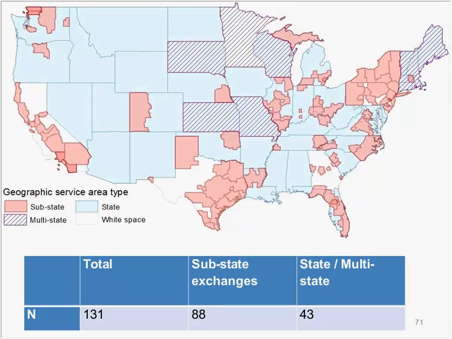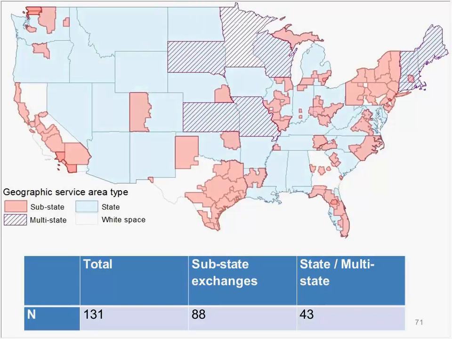For example, New York, Pennsylvania, New Jersey, Texas, California, Georgia are all network of network approach type states. You can see they're trying to link the sub-state exchanges together. Others are generally single health information organizations like Alabama, Mississippi, Arkansas, and some out west. Some are combinations. So this is what our world looks like to begin with.